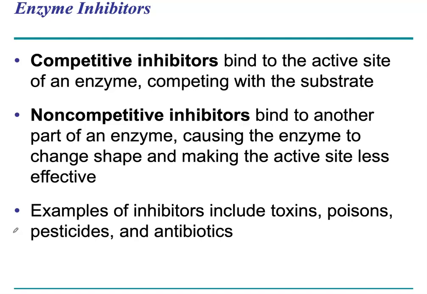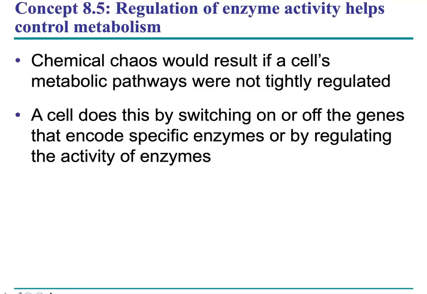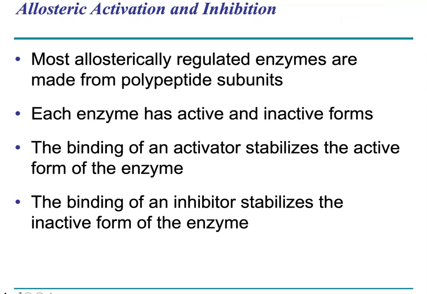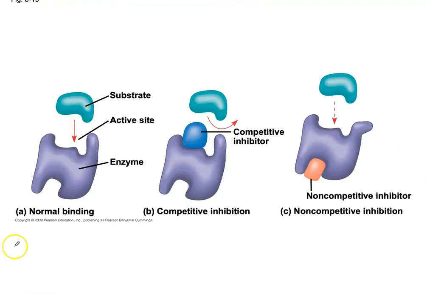The next type of inhibitor is a non-competitive inhibitor that binds to another part of the enzyme, causing a shape change. There might be an image. Let's look at the pictures. Here's the active site and here's the substrate.